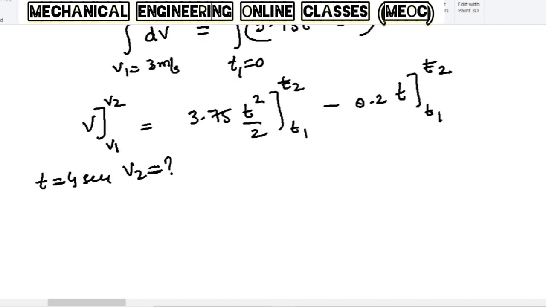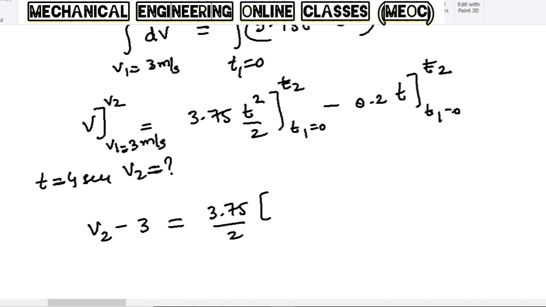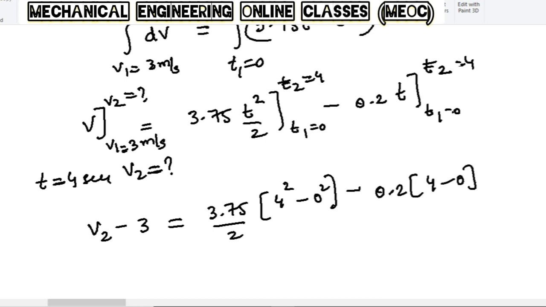So the LHS becomes v2 minus v1. V1 is nothing but 3 meter per second, so that is equal to 3.75 by 2 into t1 is 0, and t2 is 4, so we have 4 square minus 0 square, minus 0.2 into 4 minus 0.